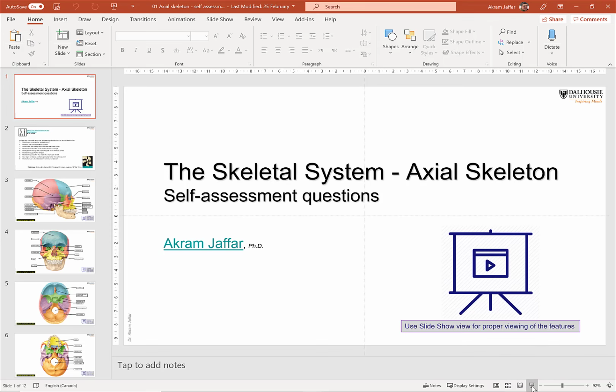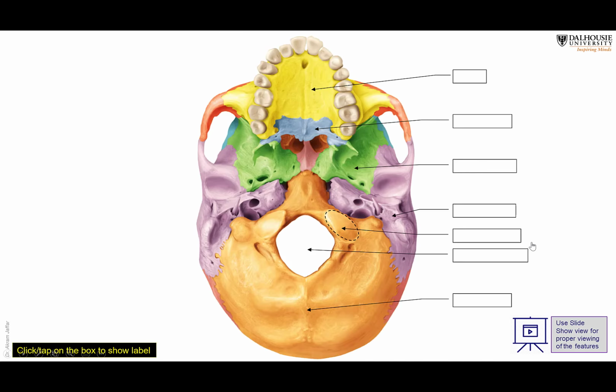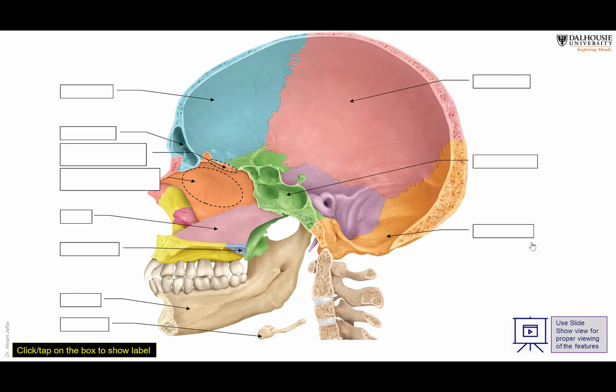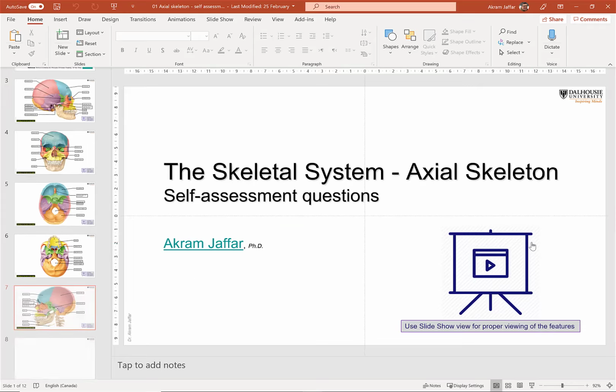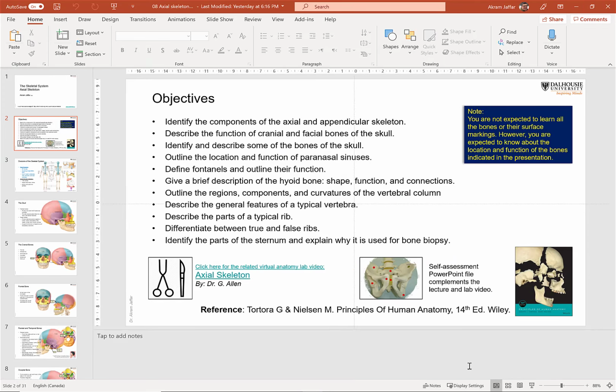So once you tap, you will find the answer and so on. If you don't view them in the slideshow view, then you will have all the labels in front of you, so you cannot use it for self-assessment. And after you finish, that's it. You don't need to submit it. It is not a task that needs to be submitted.